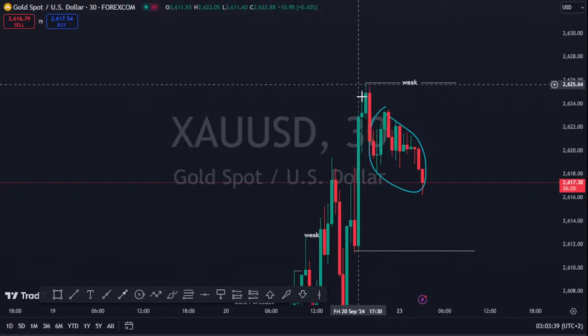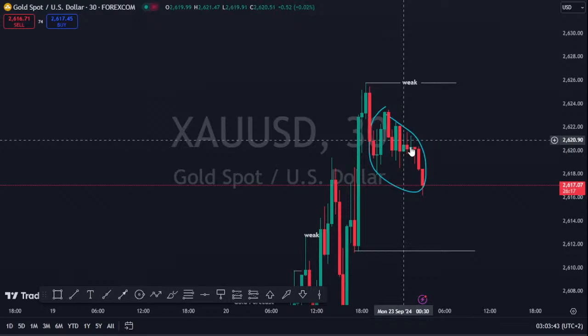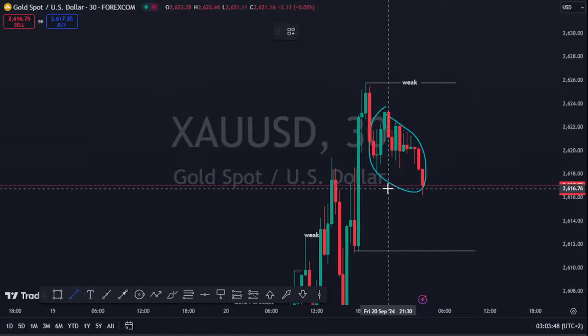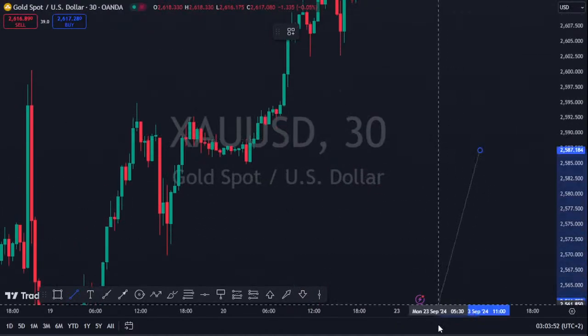So for the fact that it's a weak high, this drop may be respecting what I insinuated not to hold, which is this part.